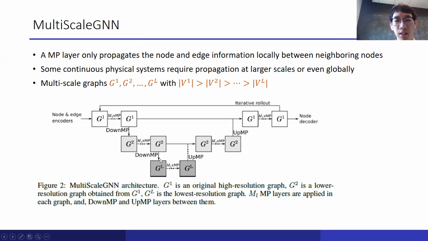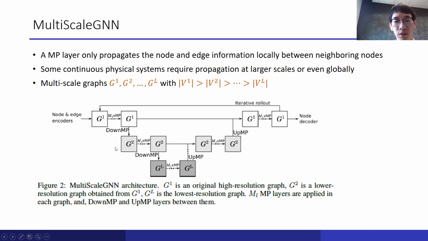This is the architecture used in this paper, where G1 is the original high resolution graph, which means that it includes all the nodes. And G2 is a low resolution graph created from the original graph. It contains fewer nodes.